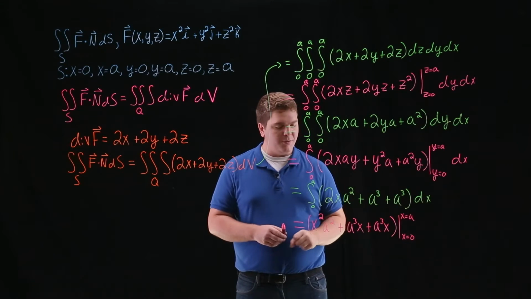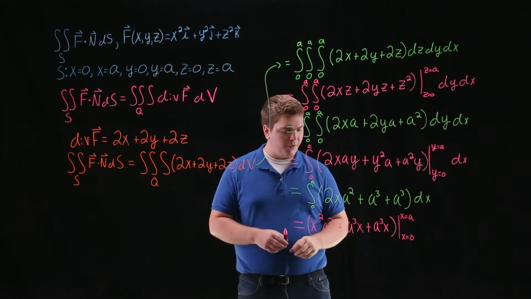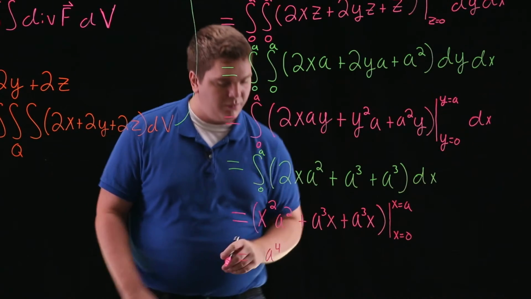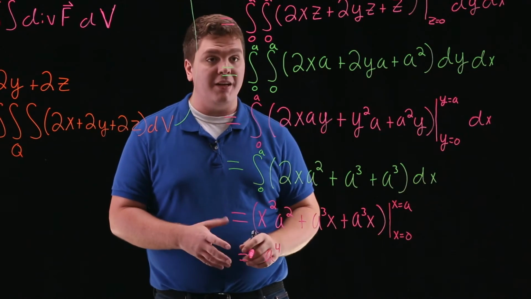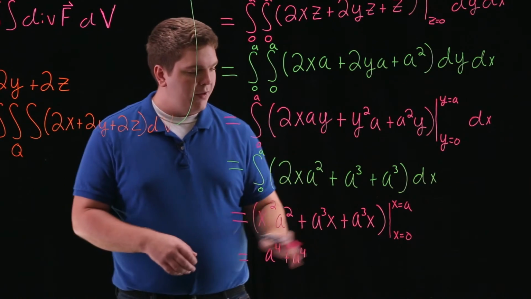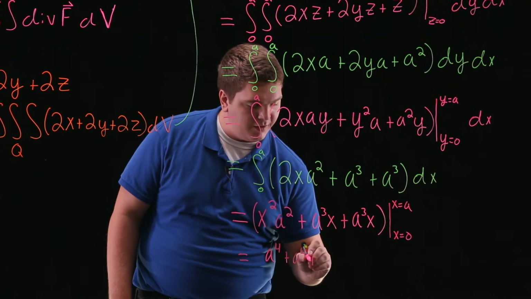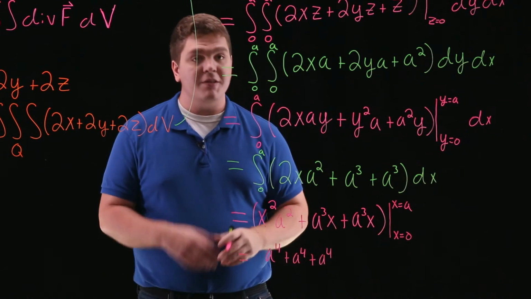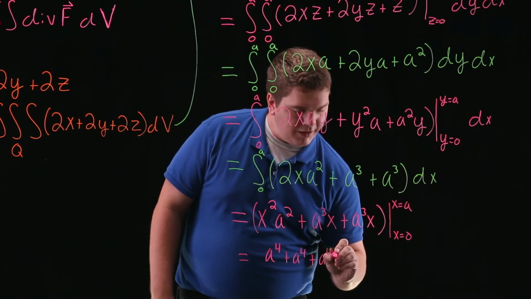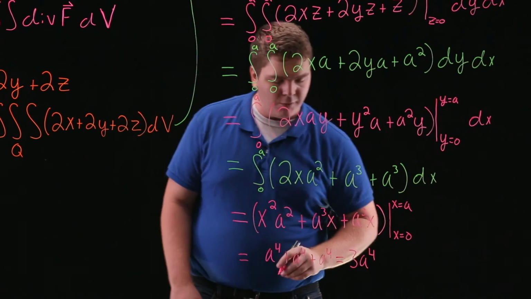Substituting in x equals a, we have a squared times a squared, so a to the fourth, plus a cubed times a, so another a to the fourth, and finally plus another a cubed times a, which is another a to the fourth. If we substitute x equals 0, each of these three terms is 0. So what we're left with is 3a to the fourth.